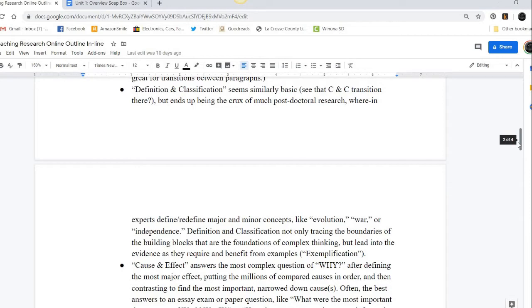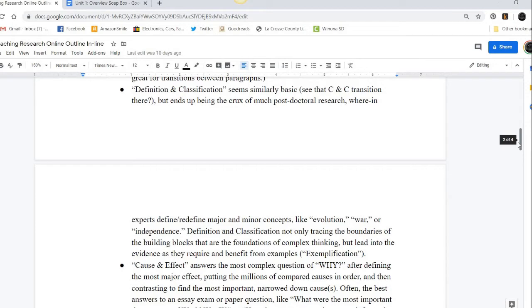But, redefining evolution, redefining what counts as war or peace or independence, and then you end up giving examples of the thing that you've redefined. I suppose to take layperson business terms, you could help us understand what some of those basic terms mean or argue that they should mean something different.